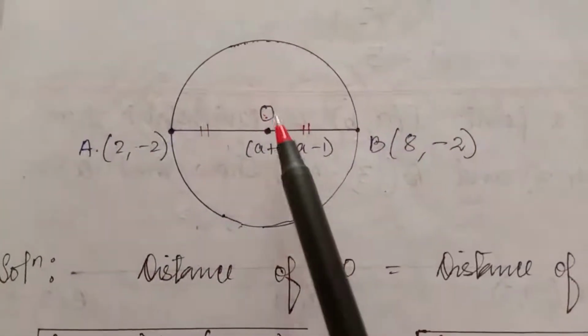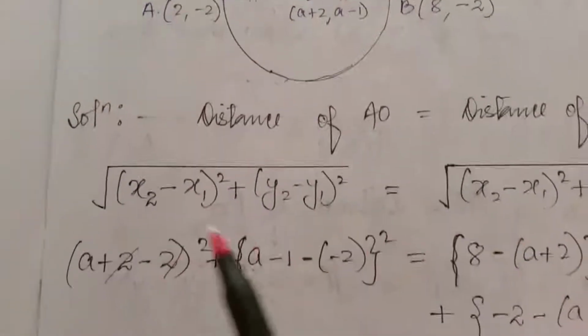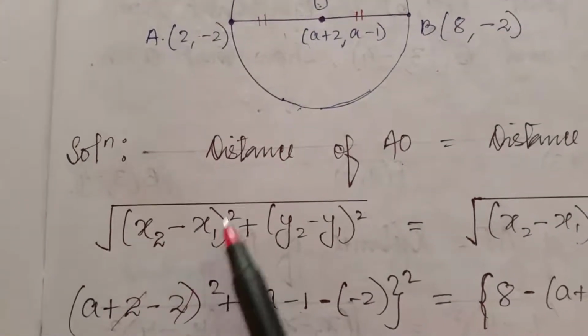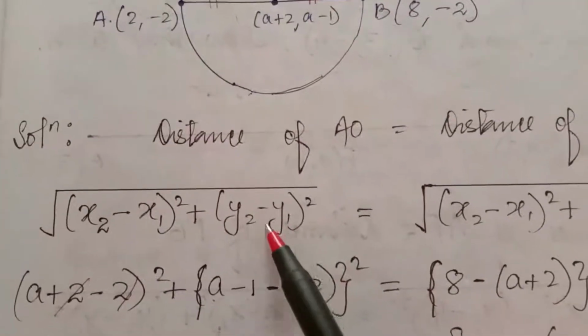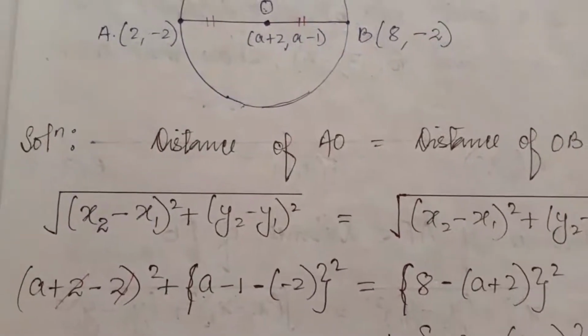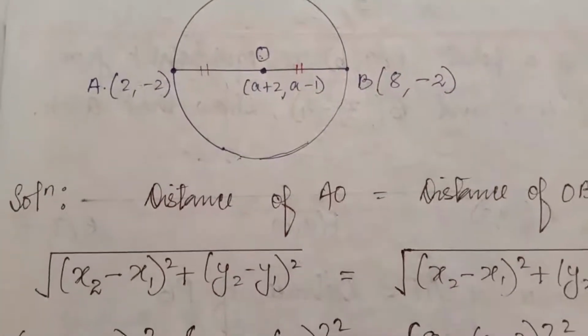So for the line AO, this is x1 y1, this is x2 y2. The formula is the same: square root of x2 minus x1 whole square plus y2 minus y1 whole square for both sides. But you have to understand which one is x1 y1 and which one is x2 y2.